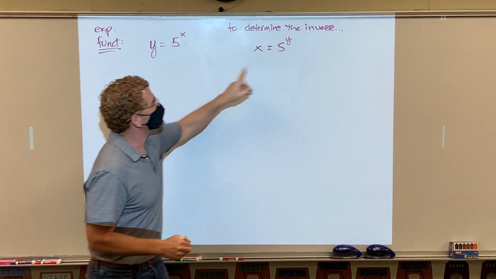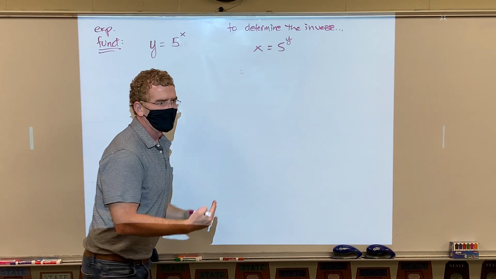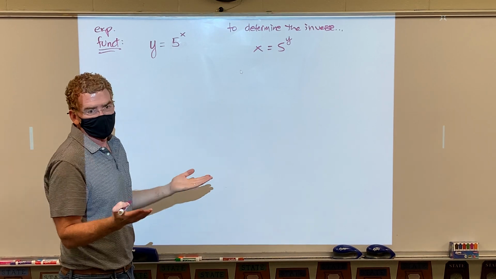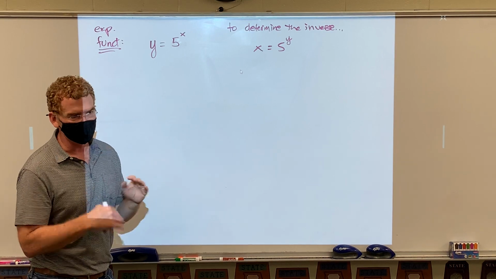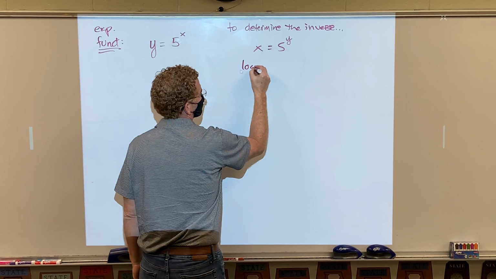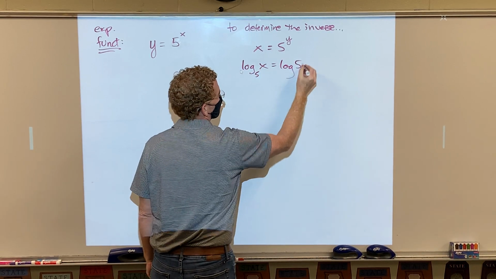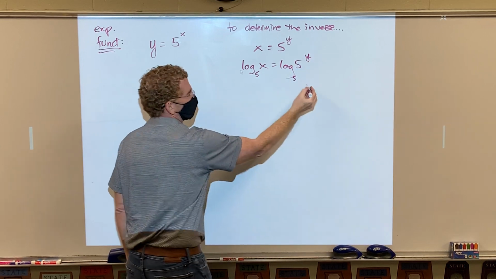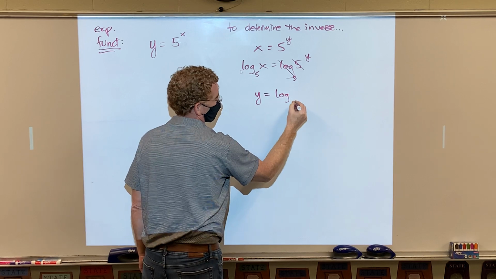But if I want to resolve for y, what would I have to do to get y by itself? I'd have to log it. Some people used to always log with base e, natural logs, and then do a little division, but we've been logging with base 5 when I'm trying to get rid of that, and I think that's better. Watch, it cancels, and I end up with y equals log base 5 of x.